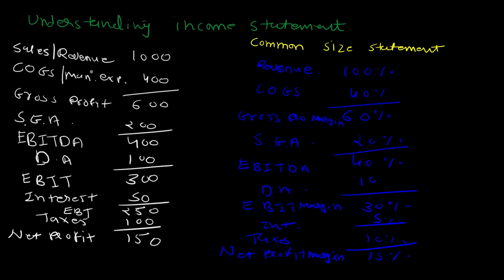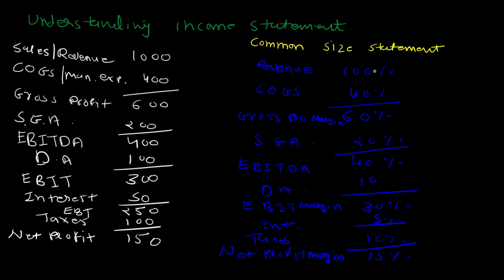Sometimes an analyst needs to convert this into common size statements to compare with other companies in similar businesses. To convert the income statement into a common size statement, everything is divided by the revenue or sales.